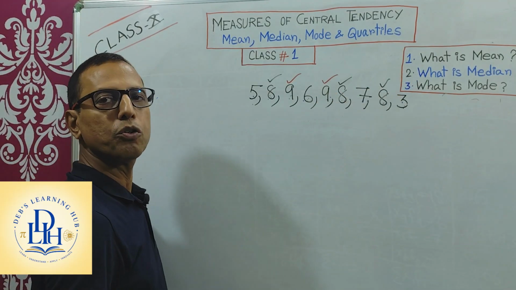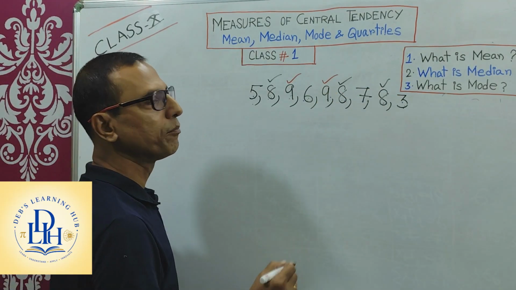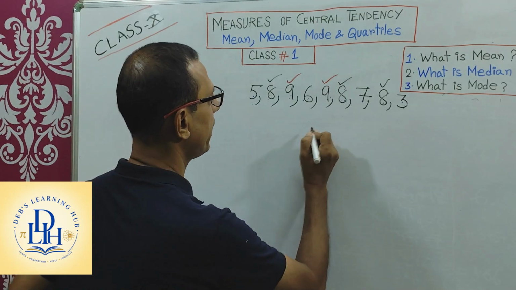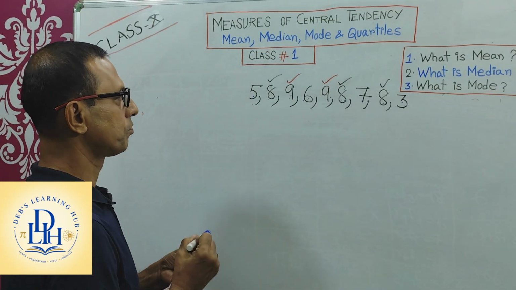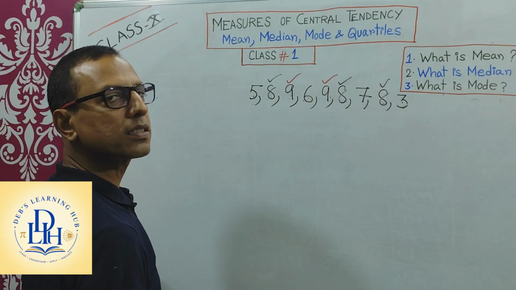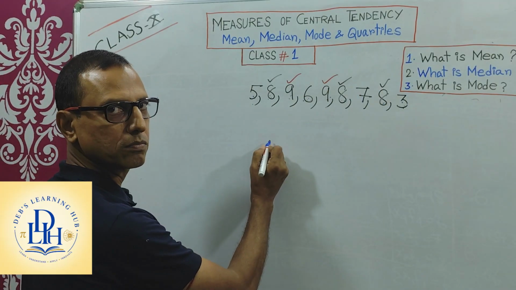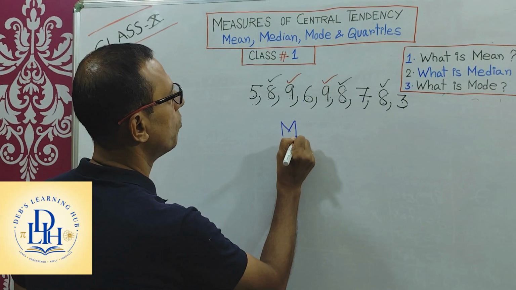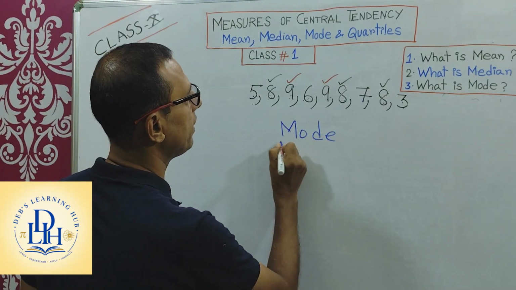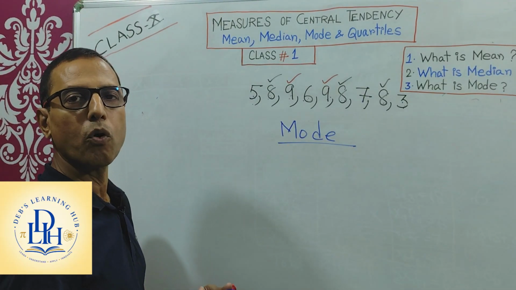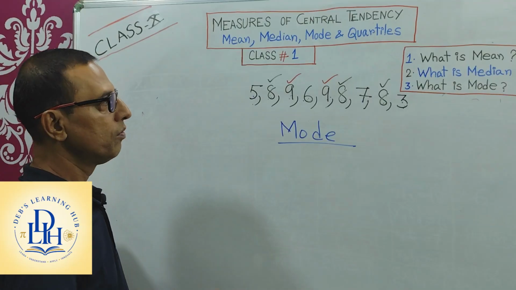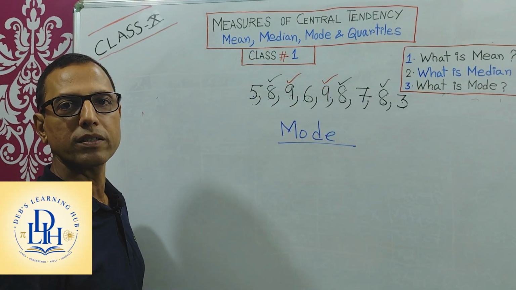Now before coming to median, I will quickly explain mode, because that is very simple. Mode is the most frequent number, the value for which the maximum occurrence is there.